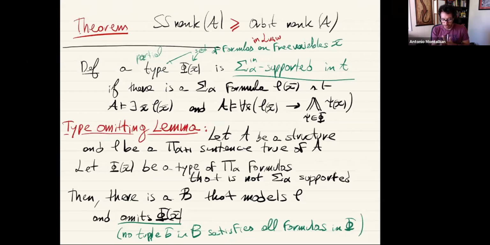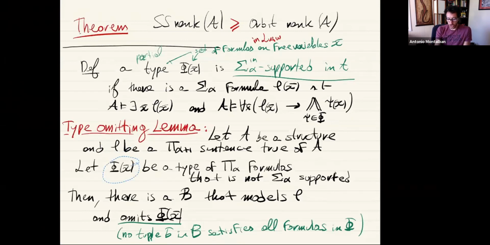Okay, so that's the type omitting lemma. The type omitting lemma in first order logic, for the ones who remember, is: you have a theory T, and this is the theory T here, the one that corresponds to the theory T. So there is no A in that case. And you have a type that is not principal, so it's not supported.